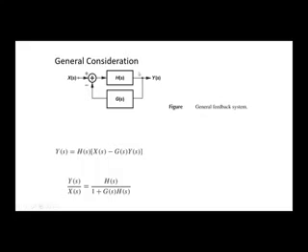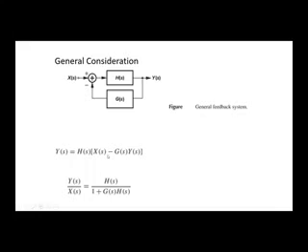Here is the equation: x of s minus g of s into y of s. The output of the feedback network is y of s into g of s, and the input of H of s is the subtraction of x of s, that is the input signal, and the feedback network output, that is g of s into y of s.